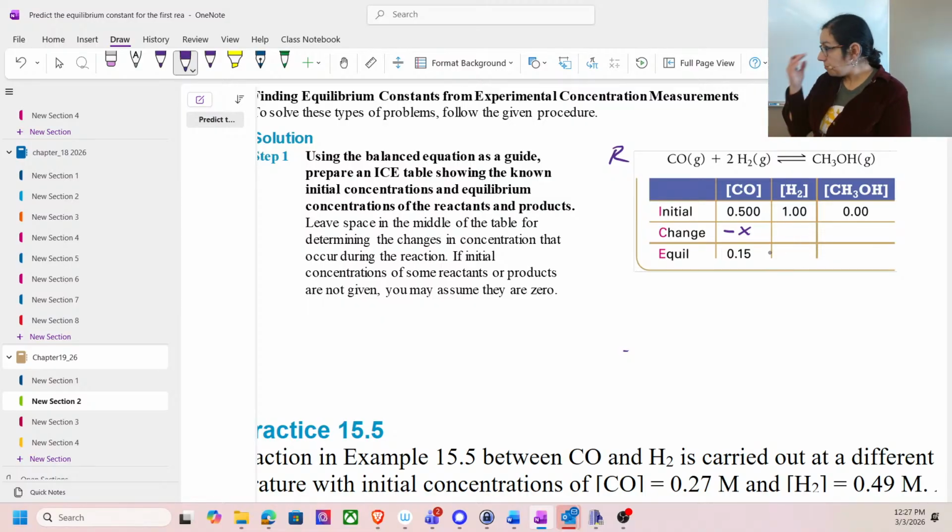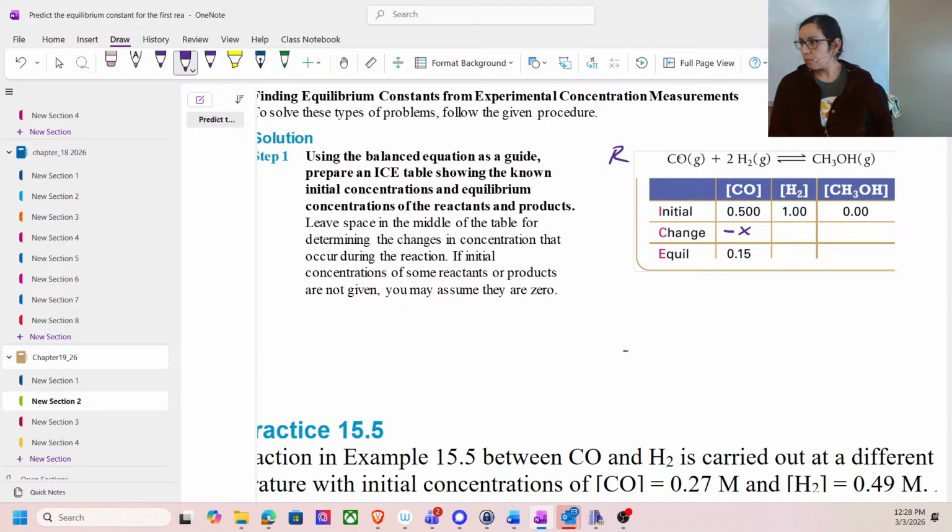Right now, it's obvious which direction it's going in because we only have reactants, so we have no products, so it has to go in the forward direction. Later on we'll see scenarios where we may have to first determine which direction it's going before we start doing the change.